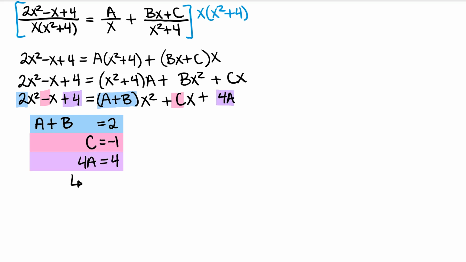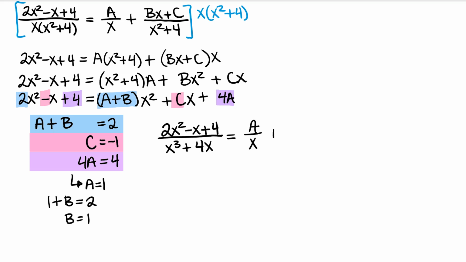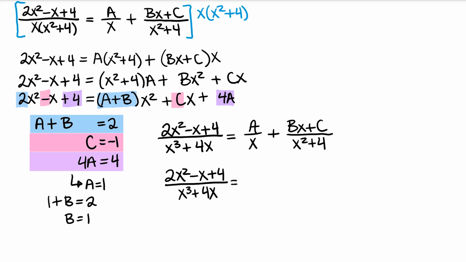Solve for a using the third equation and then plug it in to solve for b. So our partial fractions for this rational expression are 1 over x plus (x minus 1) over (x squared plus 4).